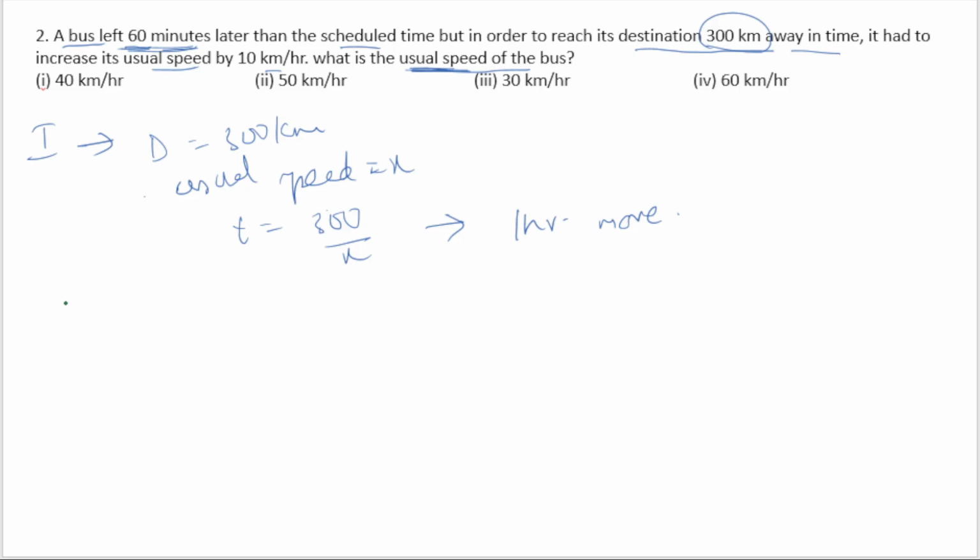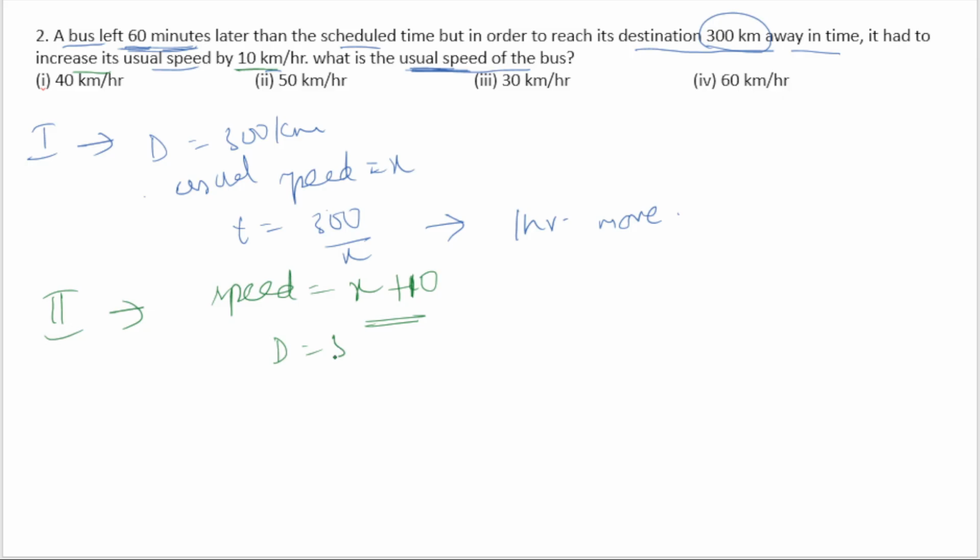In the second case, if the bus has increased its usual speed by 10 kilometers per hour, the speed will be usual speed plus 10 kilometers. This is the new, increased speed. If the bus travels with this speed, then it would reach the destination on time.